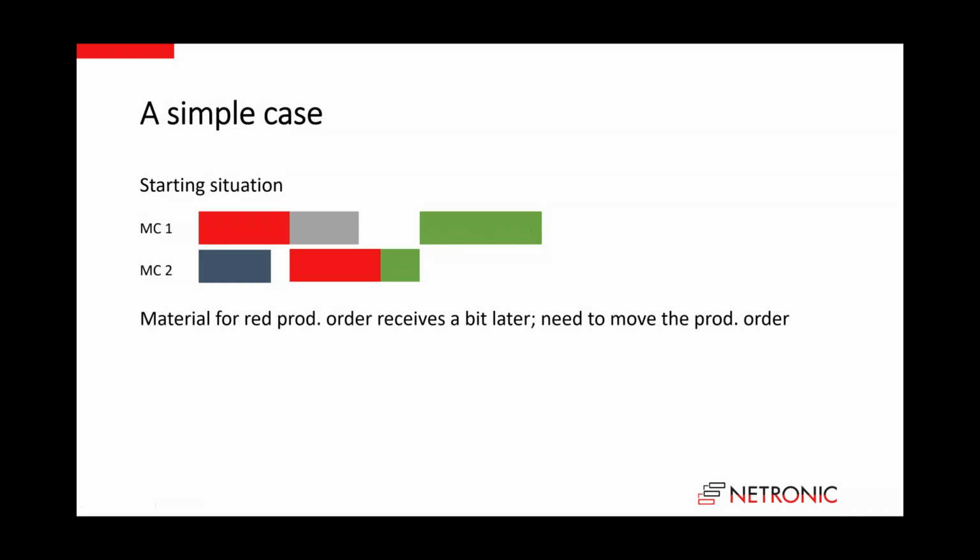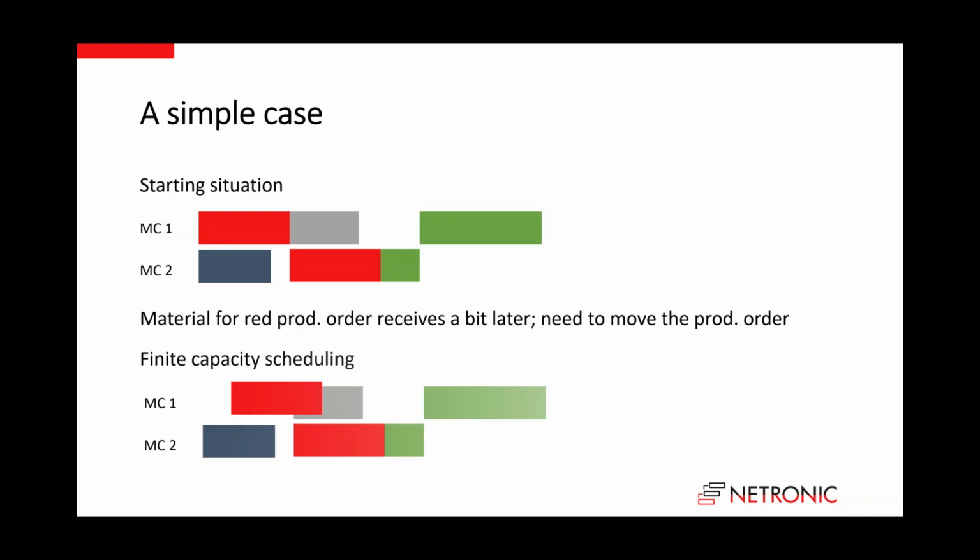Now something happens, and for example, the material for the red production order arrives a bit later, or the machine used for this red production order has downtime, or the person operating this machine is sick, whatever. As a consequence, we need to move this red production order to start a little bit later.